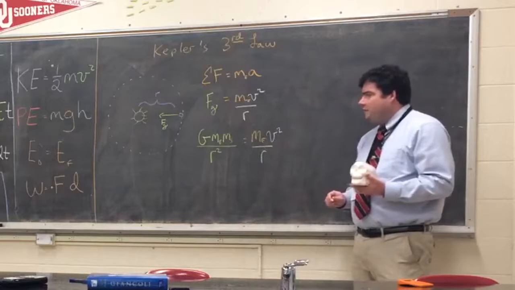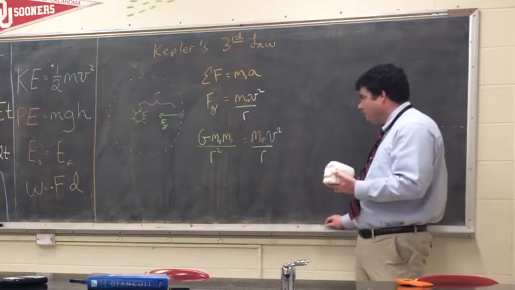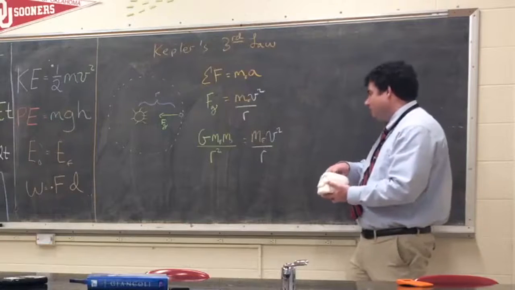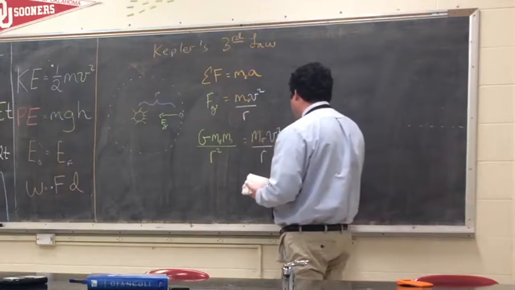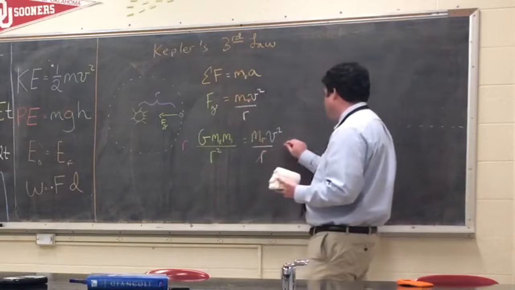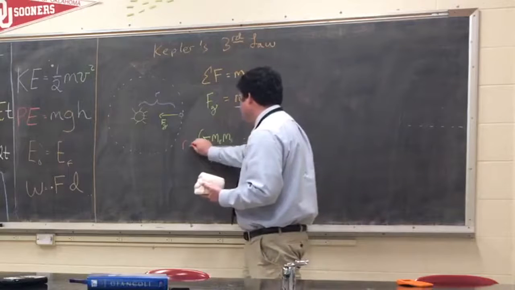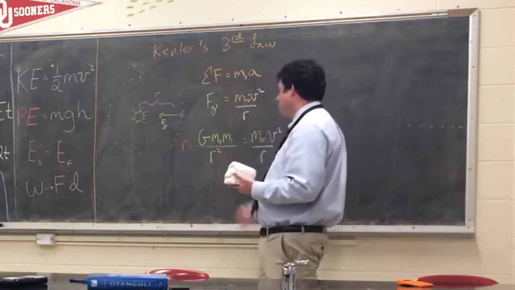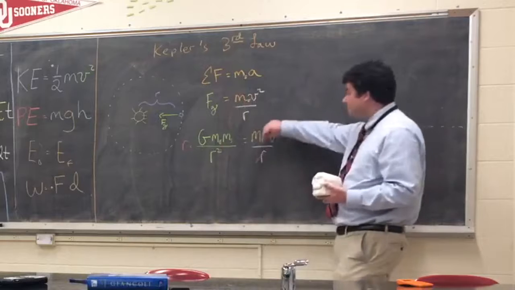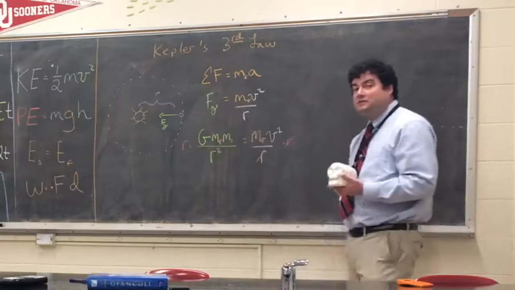So we can see that a bunch of stuff cancels here. If we multiply both sides of this equation by r, we see that this goes away and that this term is canceled. And we also see that the mass of the Earth is on both sides, so we can divide it out.